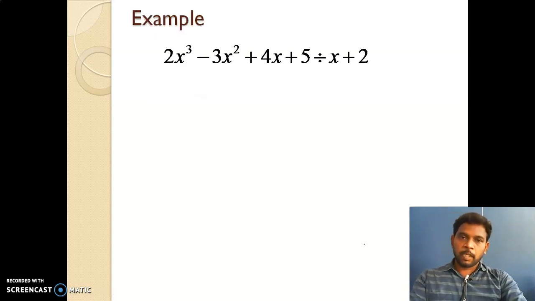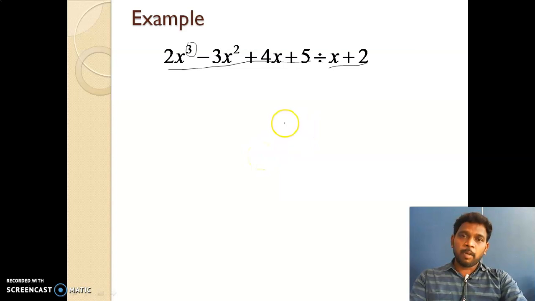Okay, and look at the example now. What is given here? It is a cubic polynomial, that is, the highest power is 3 here, and we are going to divide this cubic polynomial by this linear polynomial. We have seen how to divide a polynomial by another polynomial.